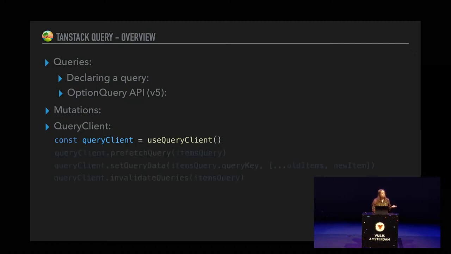And then we can, for example, prefetch queries, or we can mutate the query cache. So this would be useful, for example, for optimistic updates. Or we can invalidate queries. This is also extremely useful when you have a mutation, because once you mutate something on the server, generally speaking, you may want to refresh your data, because of course there has been a change.